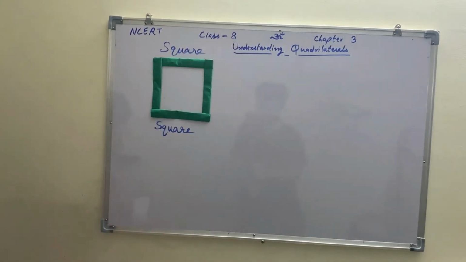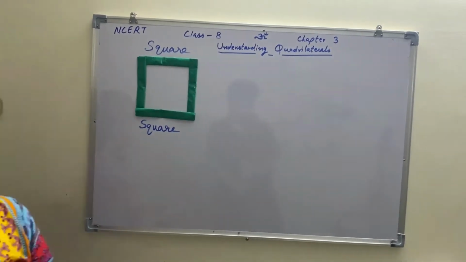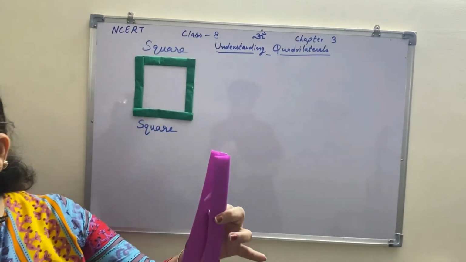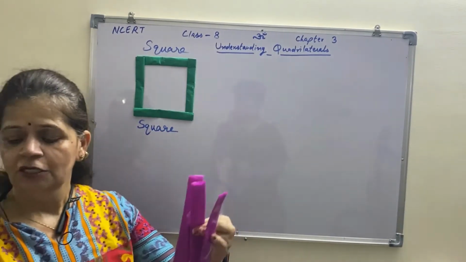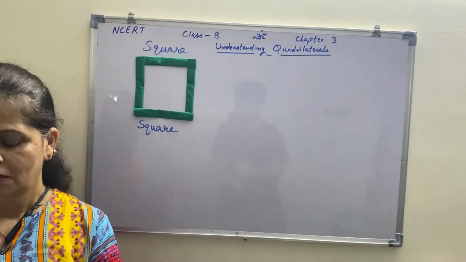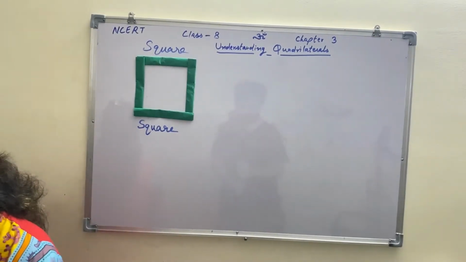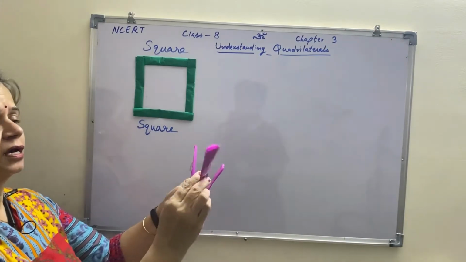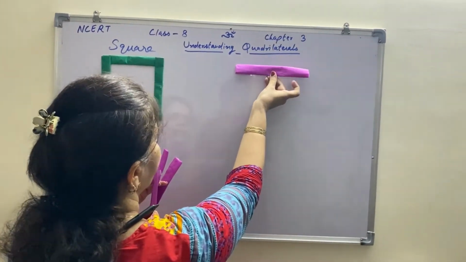Now I am taking one more quadrilateral. In that quadrilateral, again all the 4 sides are equal, and this time I am using another color, but they are all equal in length. So I have 4 more stripes which are equal in length, and I am making another quadrilateral using them.